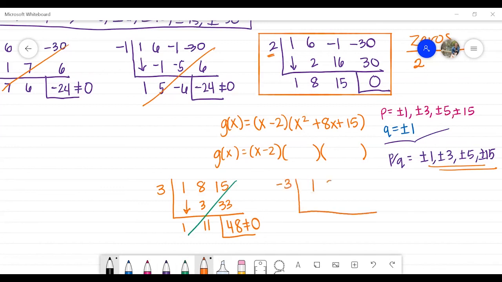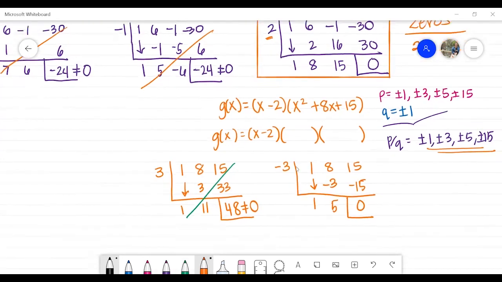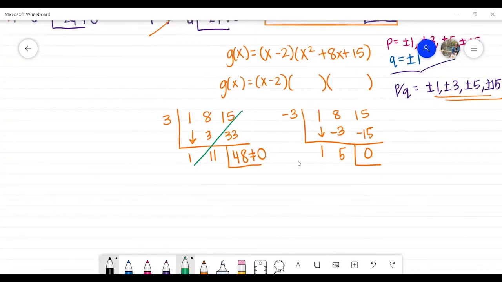Okay, 1, 8, 15. So 1 comes straight down. Times -3 is negative 3. 8 and negative 3 is 5. And -3 times 5 is negative 15. Hey, what do you know? We got another 0.